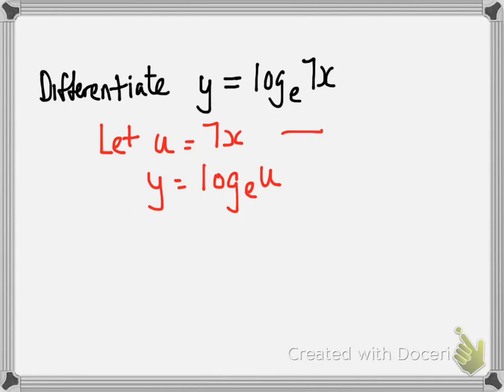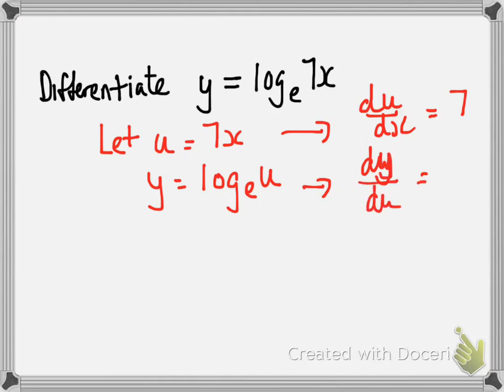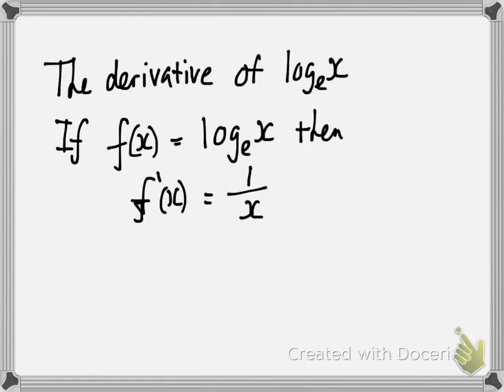Now that generates for us two expressions. Du dx. Derivative of 7x, James? 7. And that also generates dy du. And we just, on the previous slide, talked about that log x to the base e, the derivative is 1 over x.